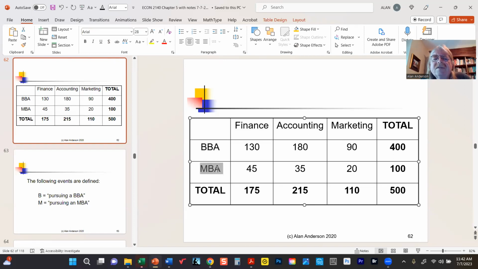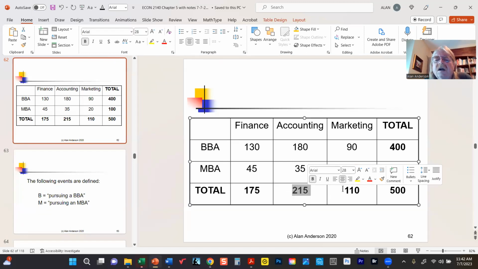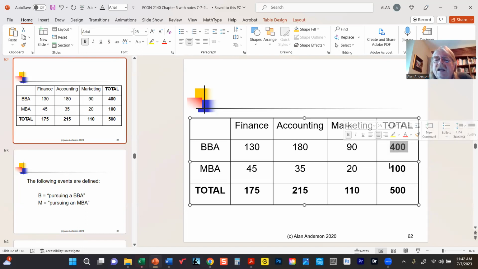MBA stands for Master of Business Administration, which is what comes after college if you're interested. Then we're going to assume that this school offers three majors: finance, accounting, and marketing. You can see the distribution of the students by the table. For example, there's 175 finance majors, 215 accounting majors, 110 marketing majors, 400 bachelor's students, and 100 master's students.